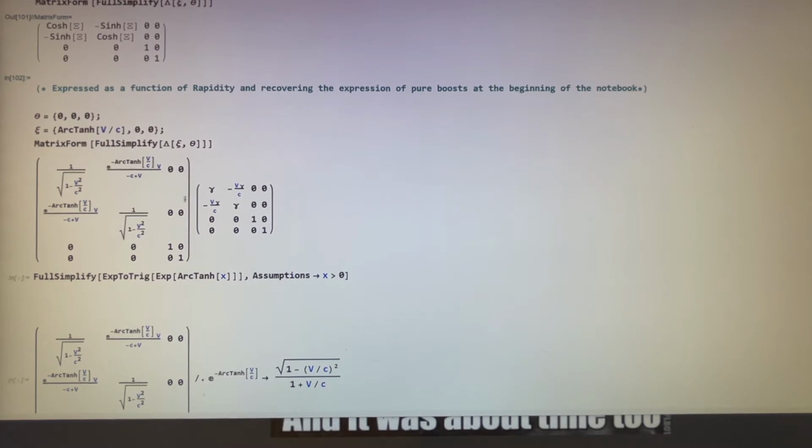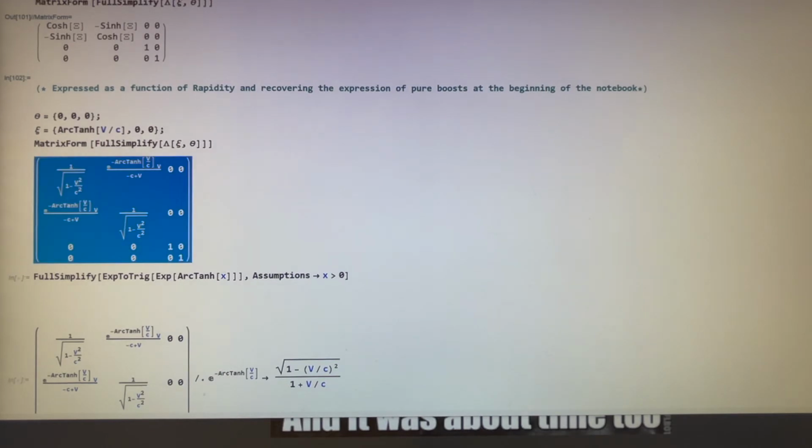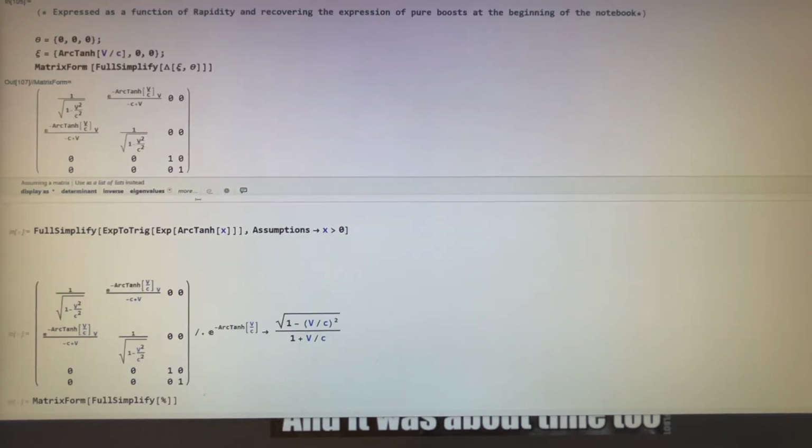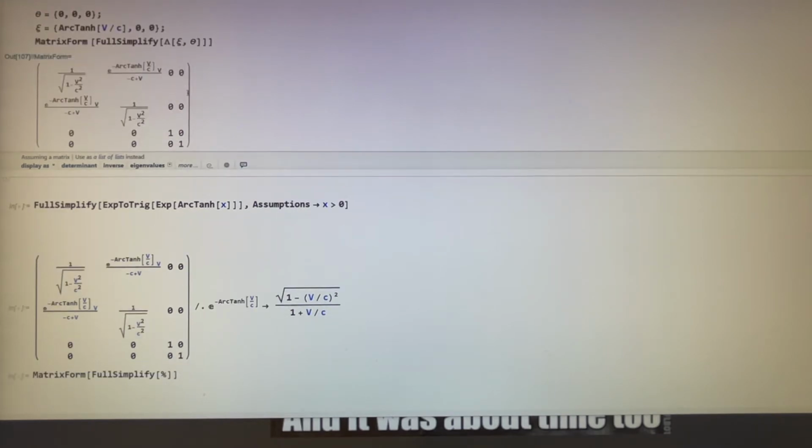Well, maybe not. So I think I need to work a little bit more to actually convince you that these expressions are the same. Okay, now I copied this. Actually the first thing I'm going to do is copy this here and tell it to simplify. But to simplify first, let's see what is the exponential of the hyperbolic arctangent of x, because that's what we have, exponential of minus arctanh of v divided by c.